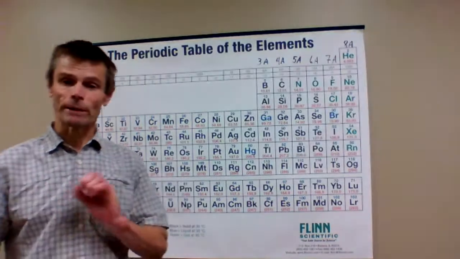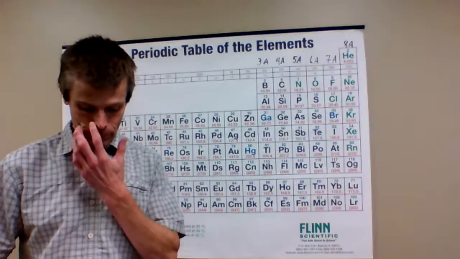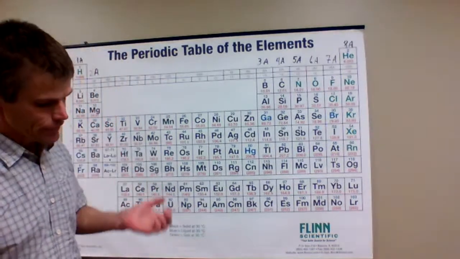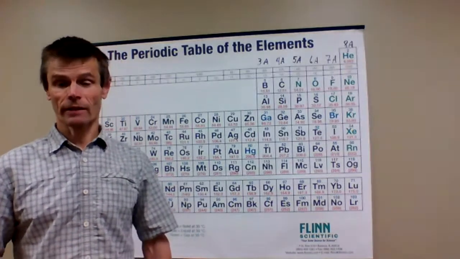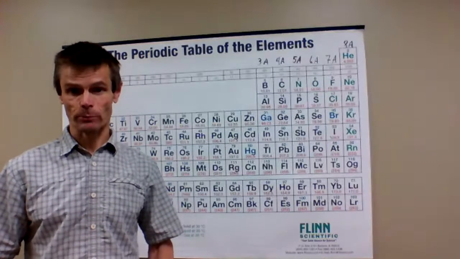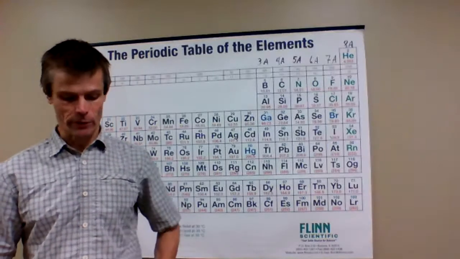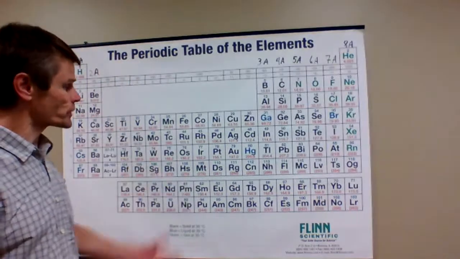Chapter 3.2, we begin a lot of detail of some of the material that we're going to be discussing. And in this section, we're going to define what the periodic law is. And we'll discuss a famous scientist, a chemist that's responsible for recognizing the periodic law. And then we're going to be discussing our periodic table, how it's organized.